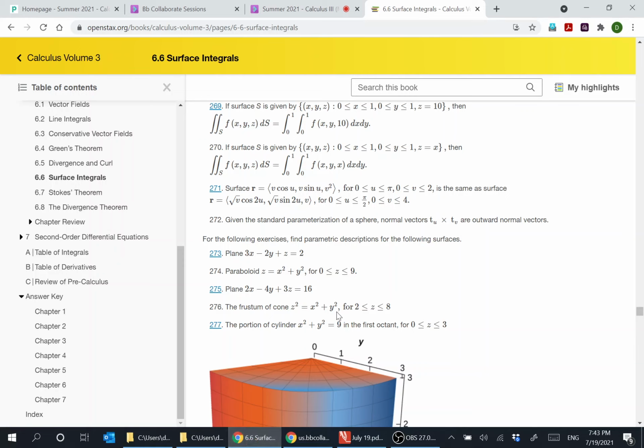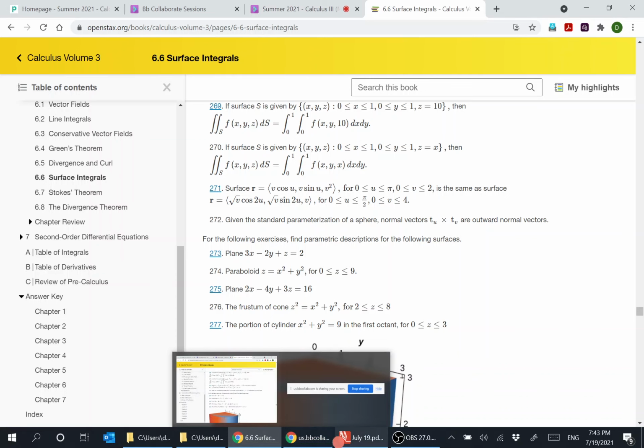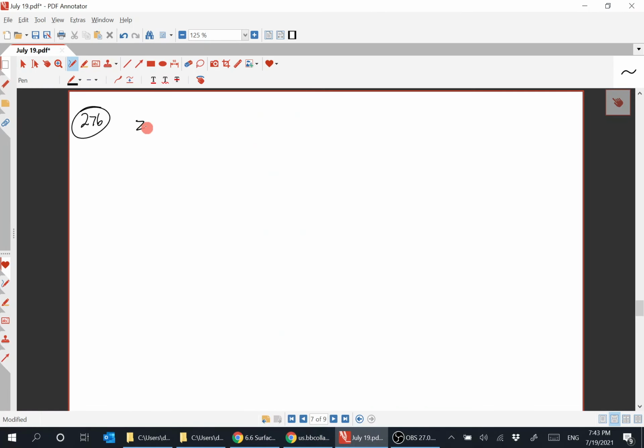So for the following exercise, you have to find a parametric description of the surface. The frustum of the cone z squared equals x squared plus y squared for z between 2 and 8. So z equals square root x squared plus y squared, 2 less than or equal to z less than or equal to 8.